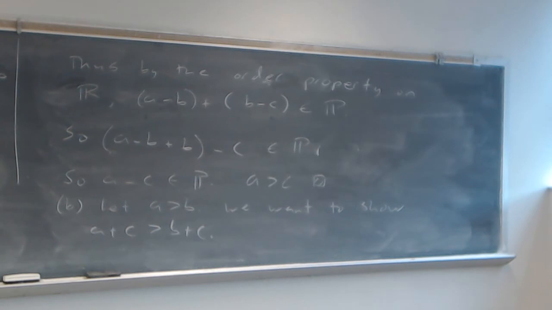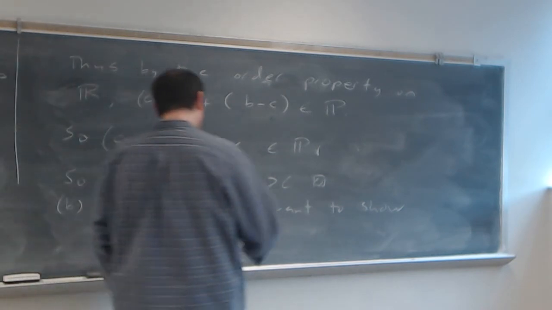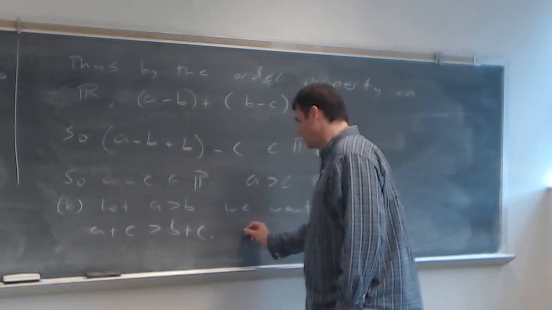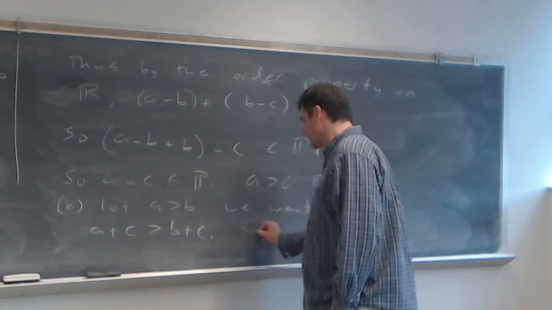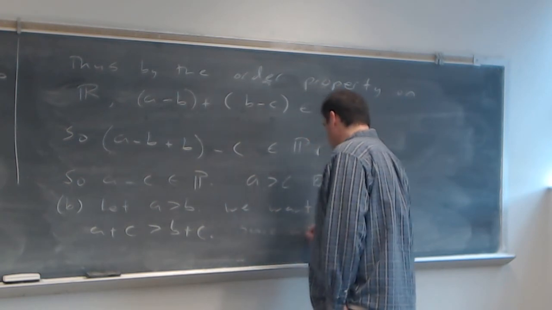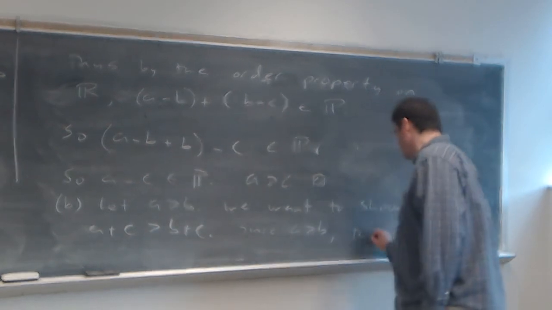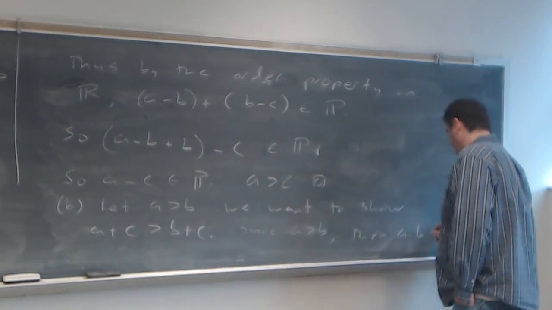Well, I'm going to show that A plus C minus the quantity B plus C is a positive number. Since A is greater than B, then I know that A minus B is positive.